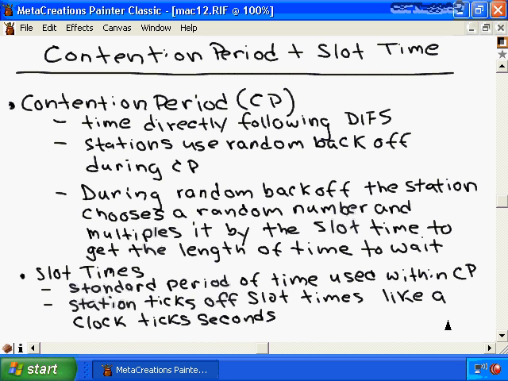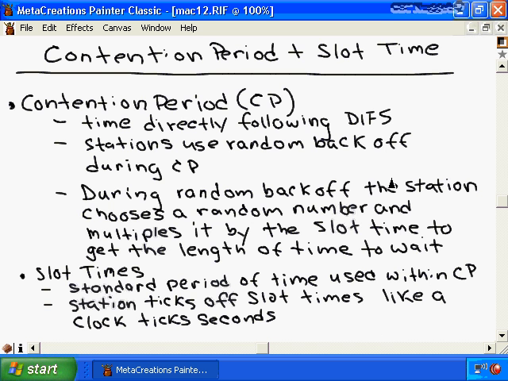Well, what happens in this instance is the stations will remember the remaining amount of their random back-off time from the previous contention period. So to ensure that all wireless stations will eventually have access to the medium, the remaining amount of the random back-off time is used instead of generating a brand new random back-off time during the next contention period and starting all over again.